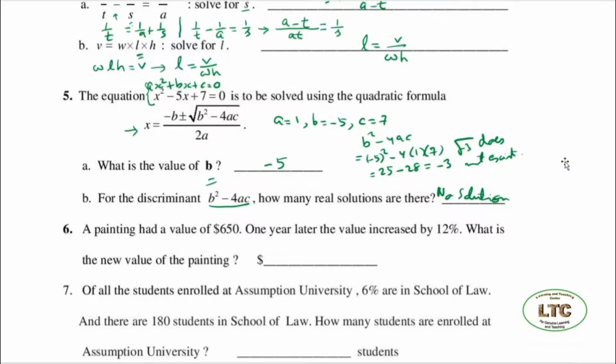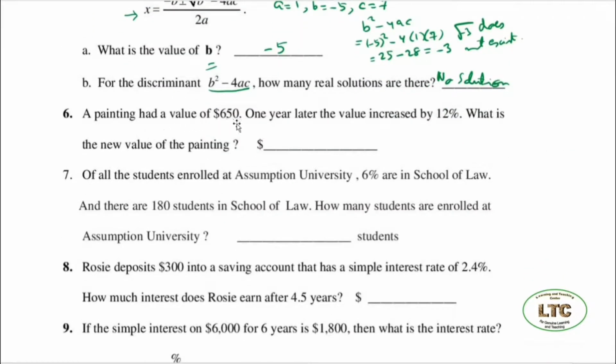6. A painting had a value of $650. 1 year later, the value increased by 12%. So 12% of what? 12% of the original value. Yeah, that is what it means. So what is the new value? The new value is 650 plus 12% of 650. Okay, that is 650 plus 12 over 100 times 650.